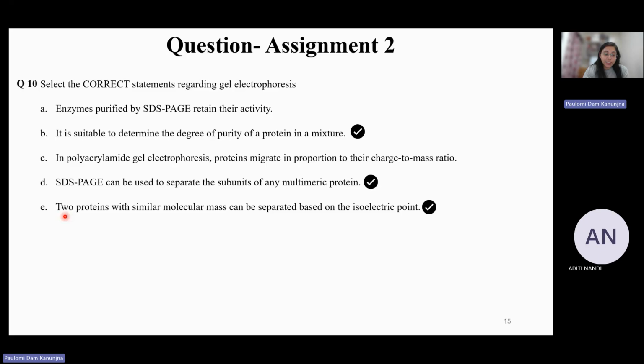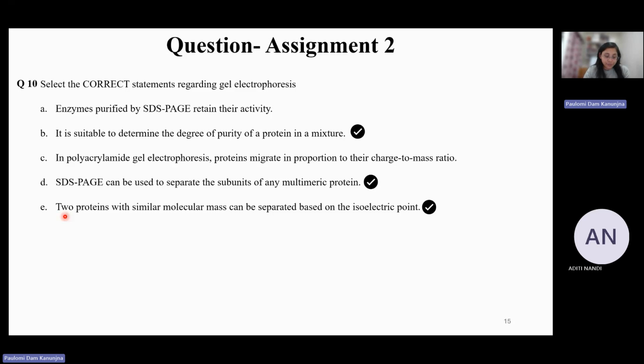Fourth one says SDS page can be used to separate the subunits of any multimeric protein. Yes, we just did that. SDS disrupts non-covalent interactions and breaks the protein up into different units, so we can separate those units of a multimeric protein. And the fifth one says that two proteins with similar molecular mass can be separated based on isoelectric point.